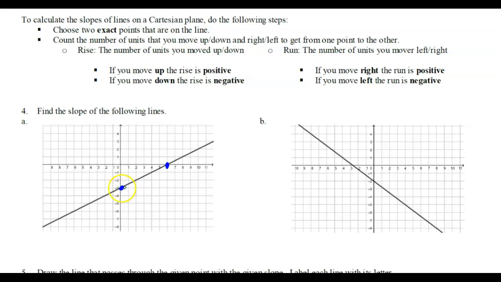Between those 2, I've got to go up and to the right. So draw a right triangle. How many am I going up? 3. How many to the right? 6. So my slope is 3 over 6, which reduces to 1/2. Okay. Positive, makes sense. It's going up and to the right.